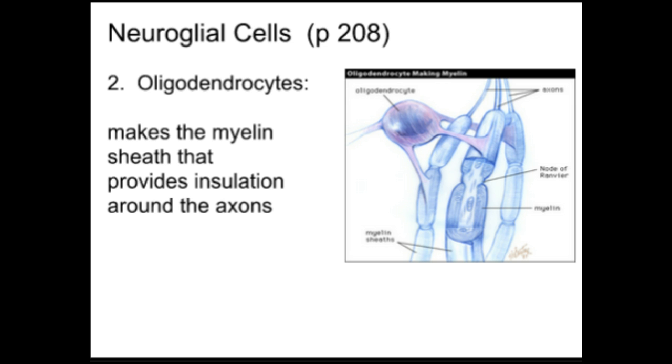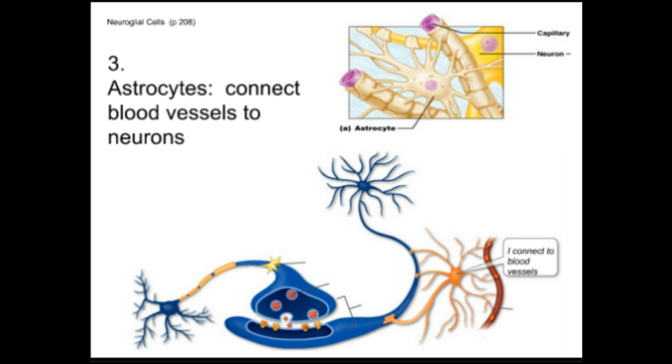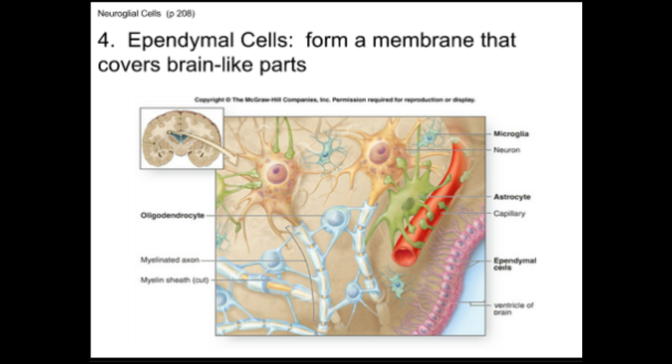It helps it along its way down the axon. And then we have astrocytes, which connect blood vessels to the neurons, and we also have ependymal cells that form a membrane that covers brain-like parts. So you'll see those in the brain, and you'll also see those in the spinal cord.